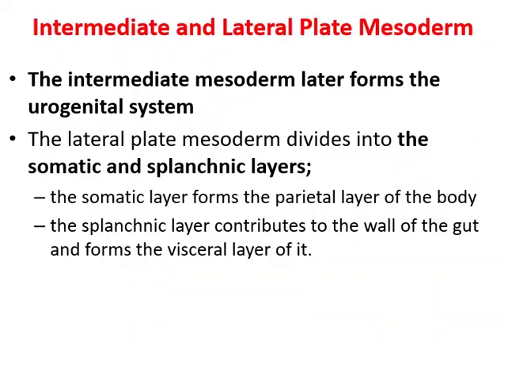Regarding intermediate mesoderm and lateral plate mesoderm, the intermediate mesoderm forms the urogenital system, and the lateral plate mesoderm divides, as I mentioned before, into somatic and splanchnic layers. The somatic layer forms the parietal layer of the body. The splanchnic layer contributes to the wall of the GIT and forms the visceral layer of it.